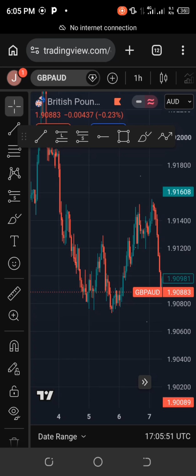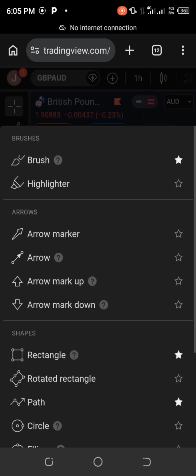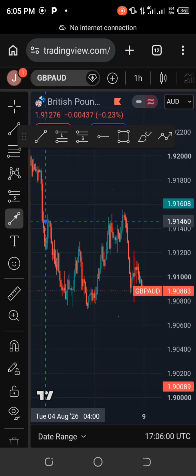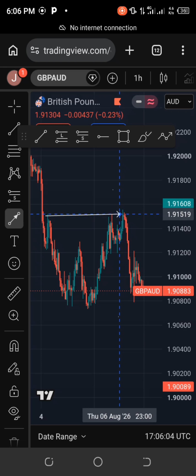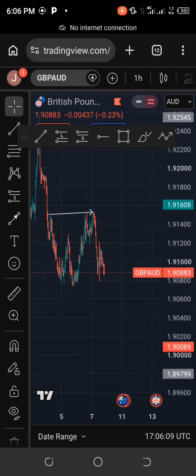Still same trade idea. The market left a footprint in the market. So here we go. The market left a footprint right there. That is what the market left.